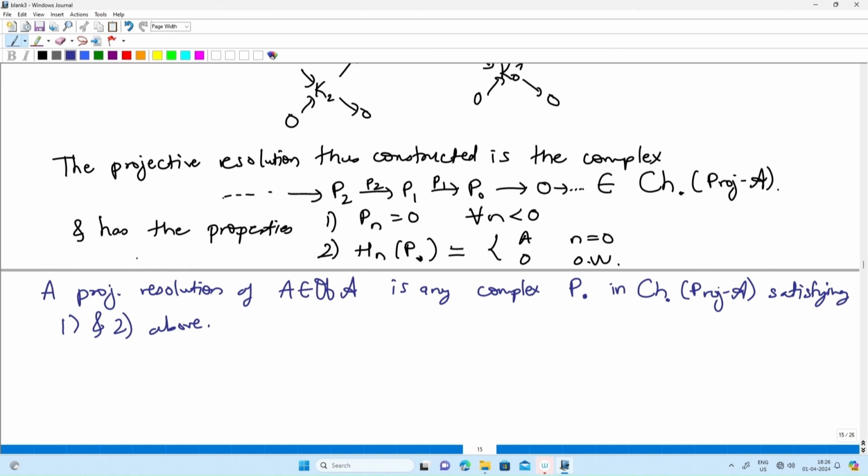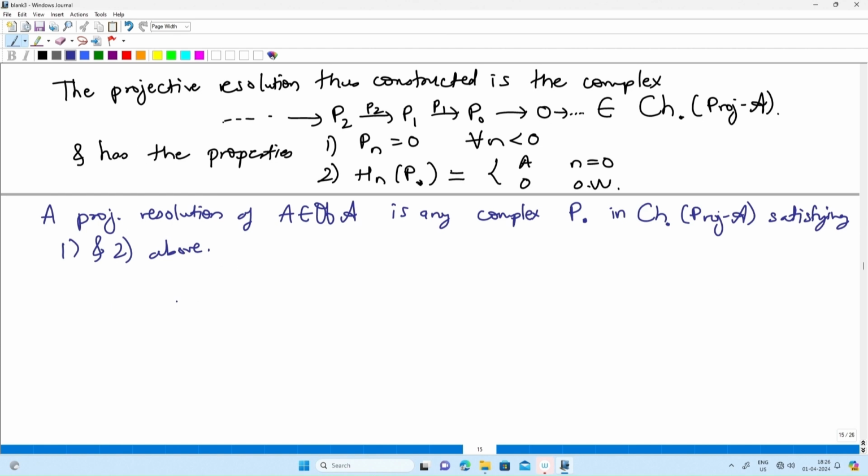So now, what is the relationship between any two projective resolutions? We are going to answer that question using homotopy. We will go a bit slowly for this. We are going to prove some intermediate result before we can actually prove what we want. So this is a new theorem that we need.